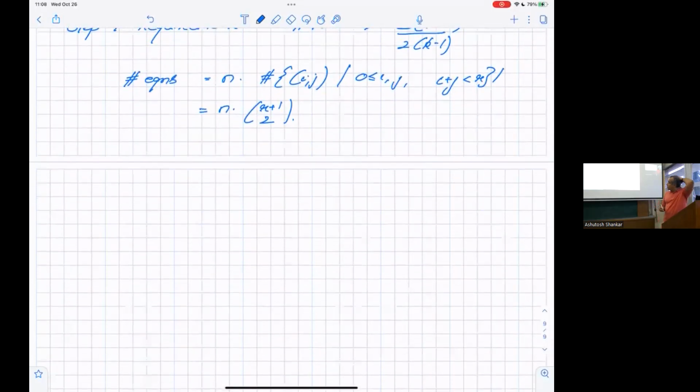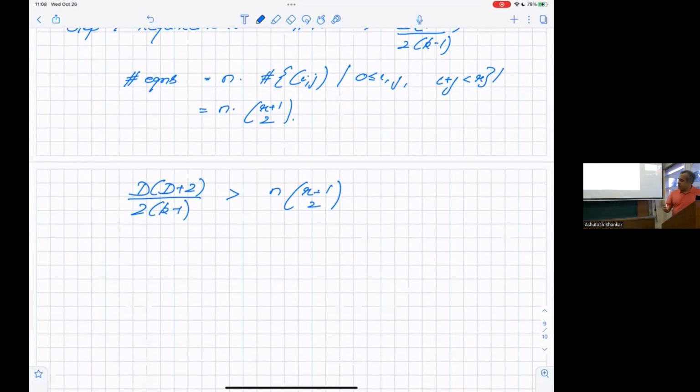So here the equations turn out to be: we need d times (d plus 2) by 2k minus 1 to be greater than n times r plus 1 by 2.